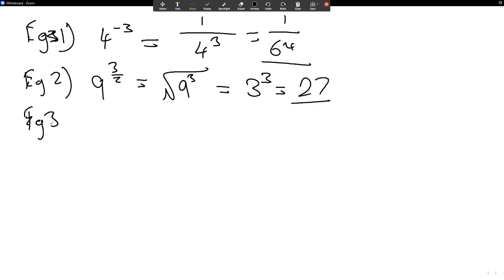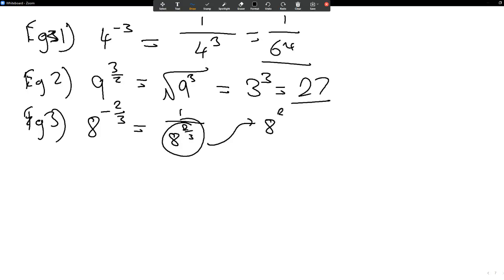Okay, example 3. We have 8 to the power of minus 2 over 3. And again, we have to put this at the bottom, so we get 1 over 8 to the power of 2 over 3. Let's isolate this. We can use our fractional indices rule to get the cube root of 8, and we've learnt that to be 2. So we just have 2 squared.